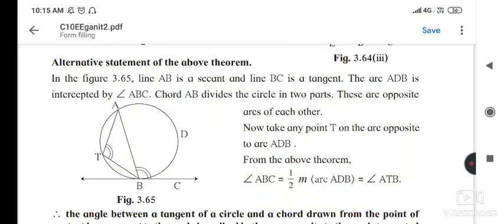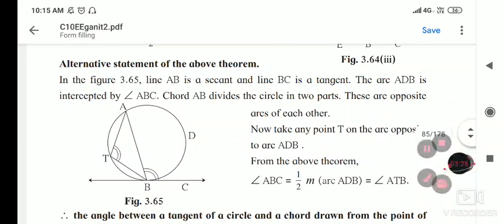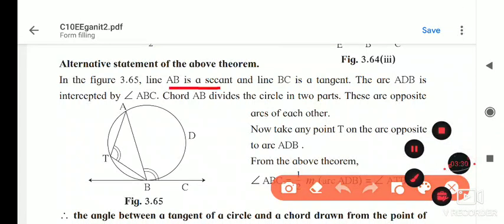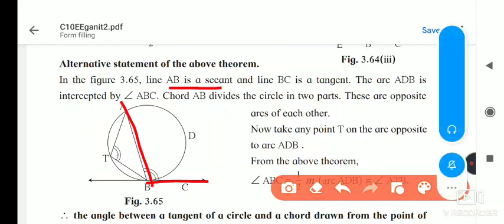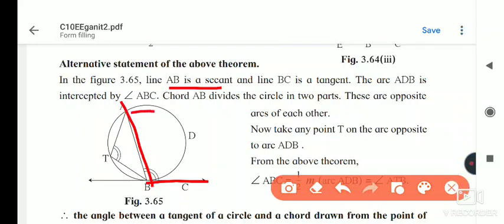In the figure, AB is a secant. If you see here, this is AB and it is the secant, and BC is a tangent. A secant intersects the circle in two points, and a tangent touches the circle in one point. Where is arc ADB? Here is arc ADB.